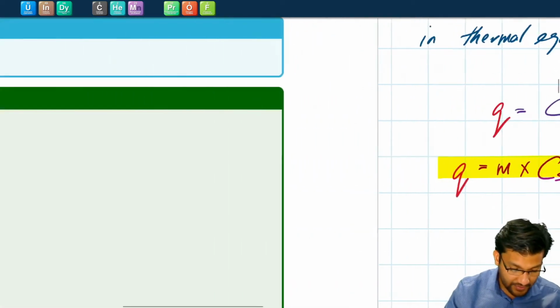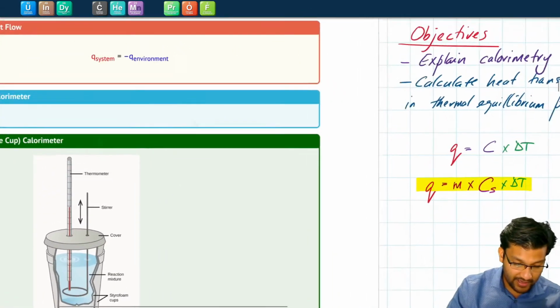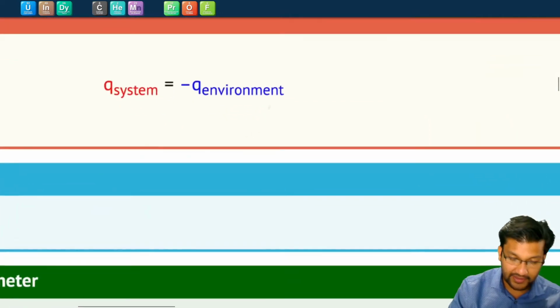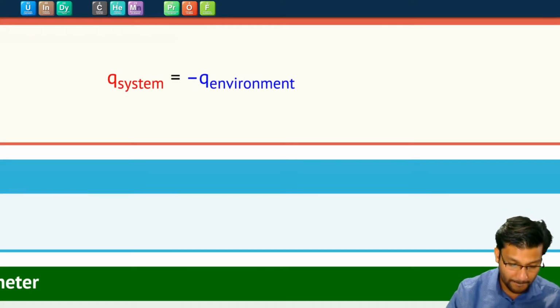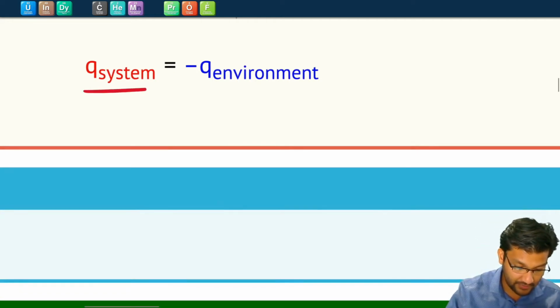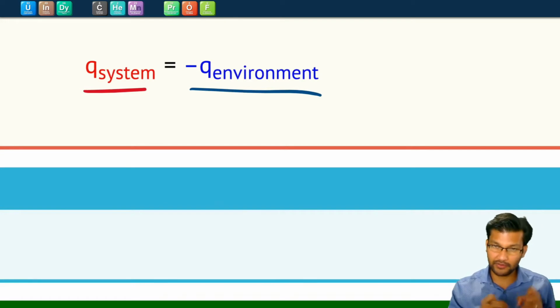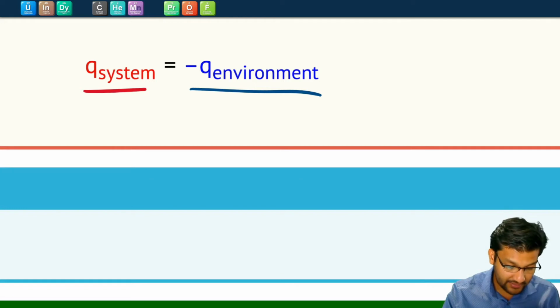All right, so with that refresher out of the way, let's look at heat flow. Because in all setups that we're dealing with, the heat that something gains must have come from somewhere, or if something loses heat, that heat must go somewhere. And so if we divide our setup into two parts, the system and the environment, where the system is the part of the setup that you're interested in, and the environment is everything else around it, then the heat that the system gains must come from the heat that the environment lost.